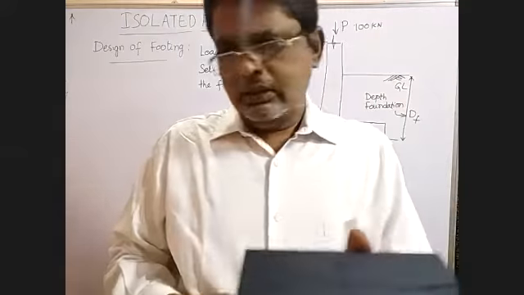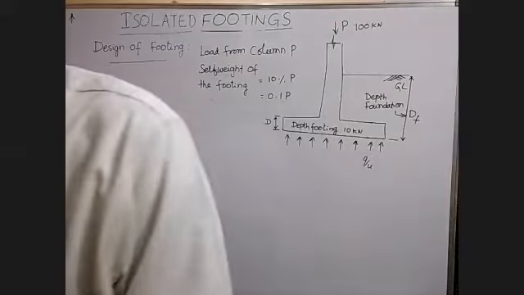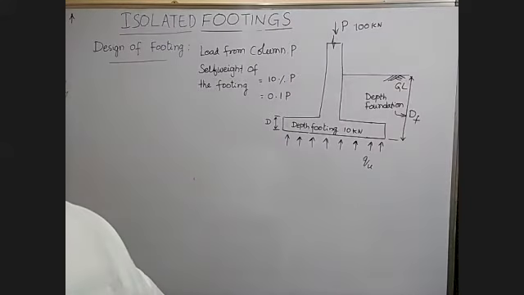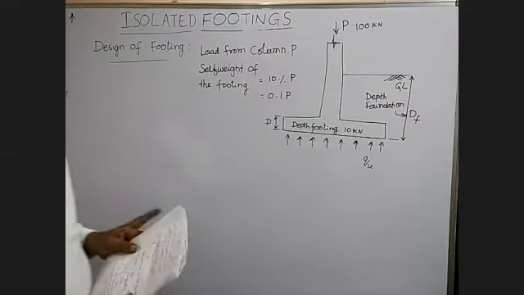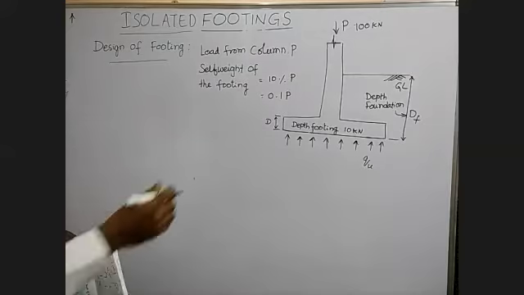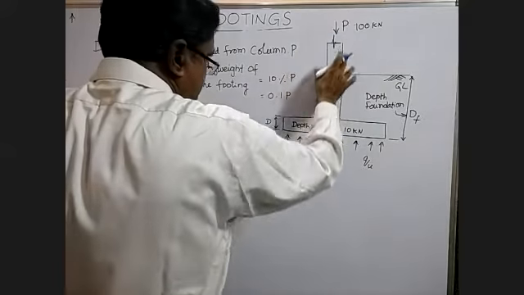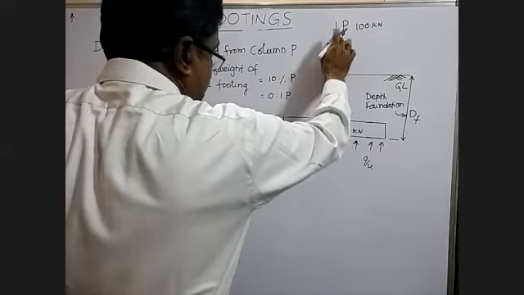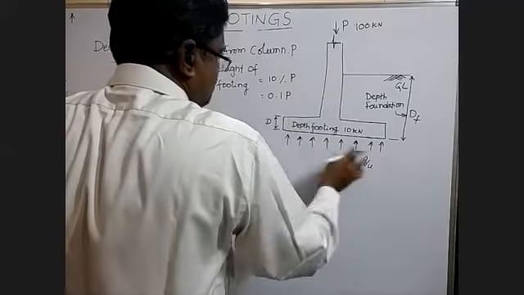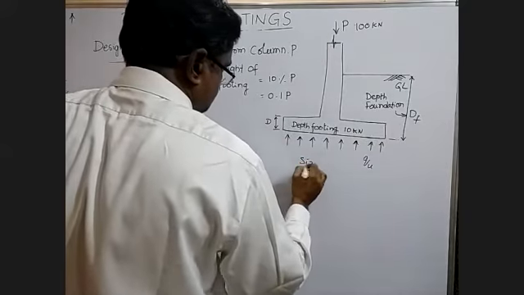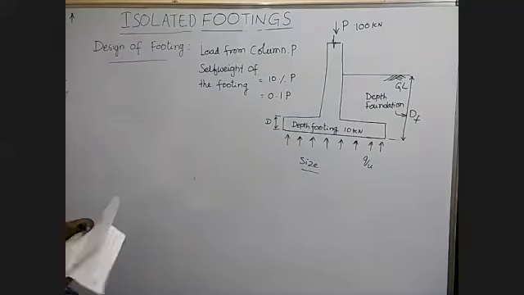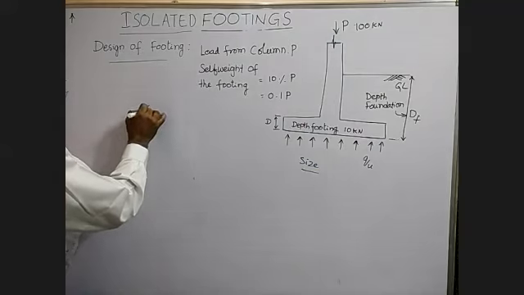Okay. Now we'll see, there is a 100 kilonewton column here. The load coming from the column is 100 kilonewtons. Then what is the size of this footing? That means, what is the area of the footing?